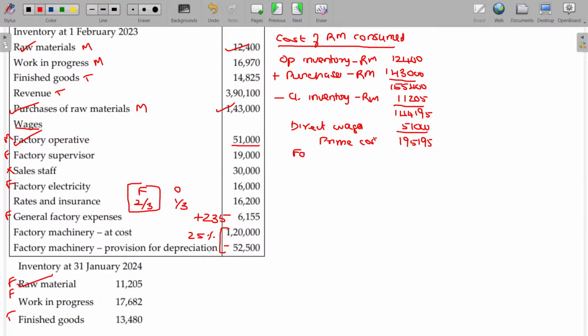You have to add factory overhead with this. Under the factory overhead, whatever the items we have with the factory will come here. So factory supervisor wages 19,000.